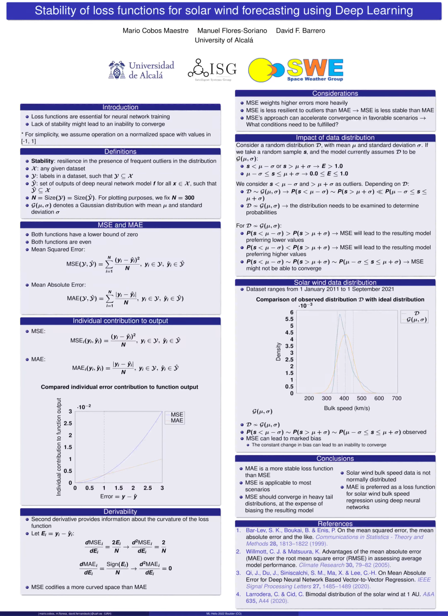So we only plotted for clarity the positive side of things, and we can see that mean squared error and mean absolute error have the same value of the function, the same output, when the error value is 1.